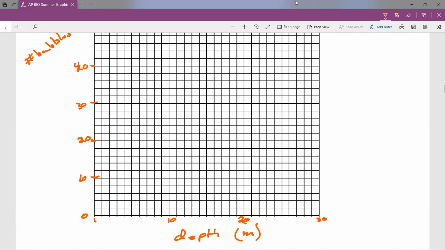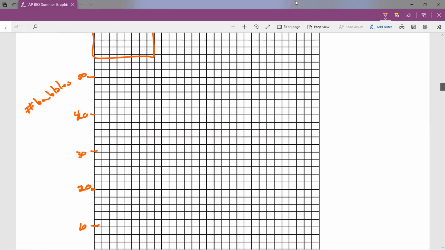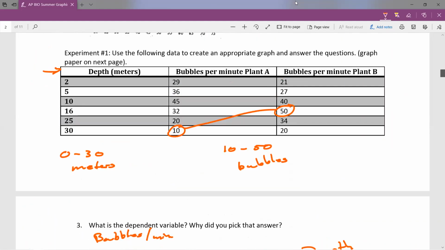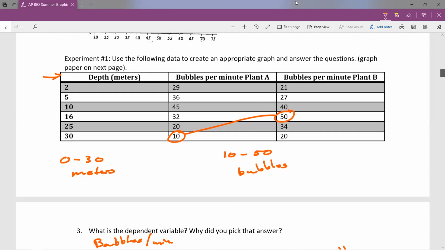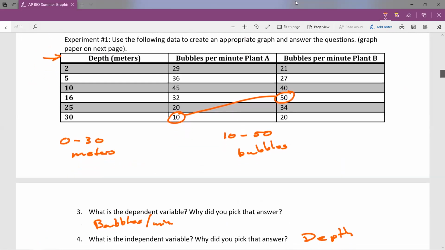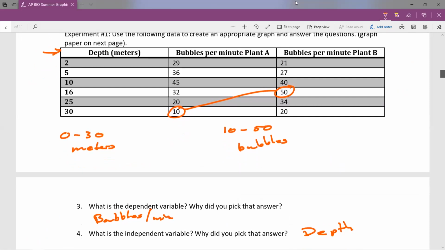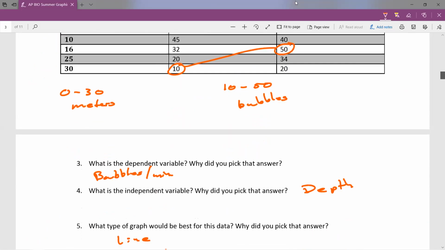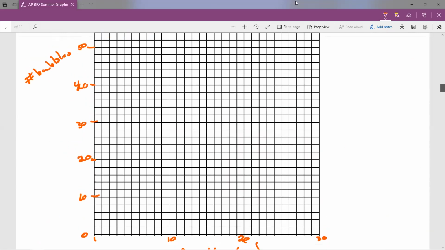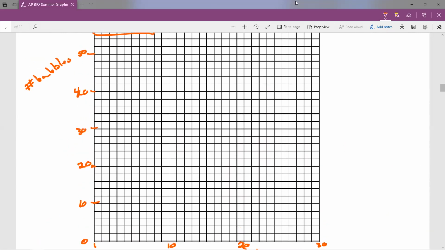All right, so do any of you have this open, or are you just looking at my screen? I've been flipping back and forth. If you've got this document open, I want you to tell me the data so I can mark it down and not have to keep scrolling up and down.